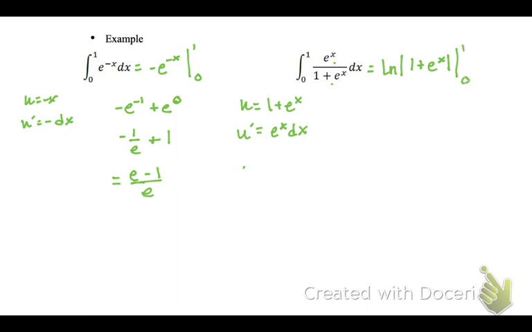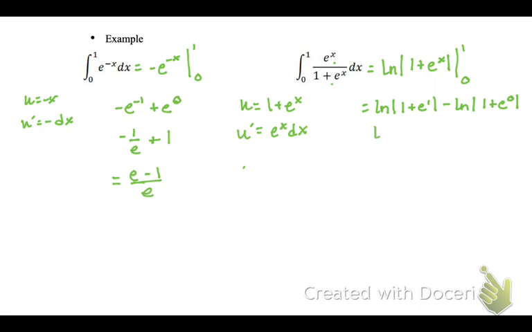Yeah, okay. So I have the natural log of 1 plus e to the first minus the natural log of 1 plus e to the 0. Okay, e to the first is e to the first, right?